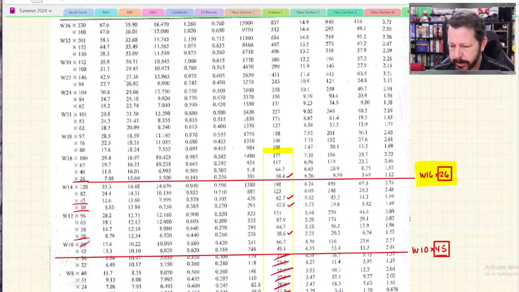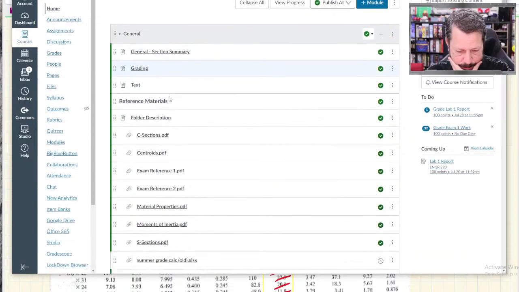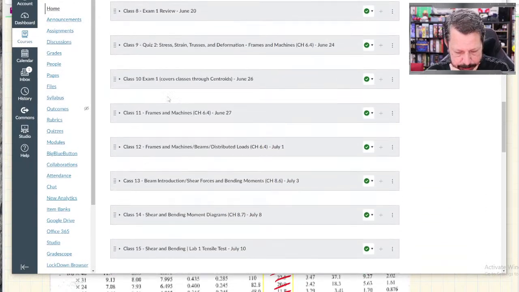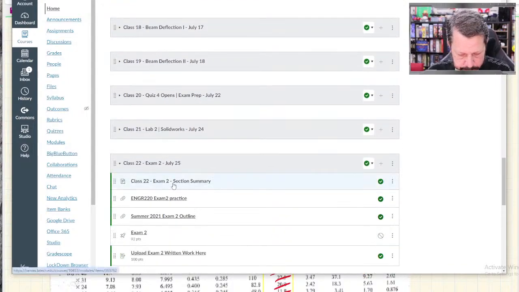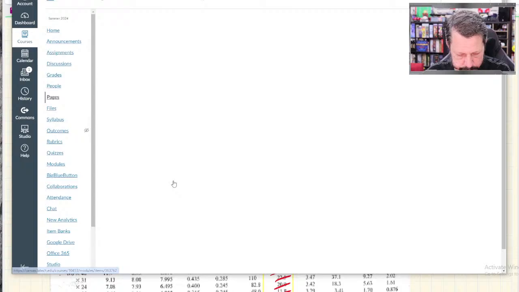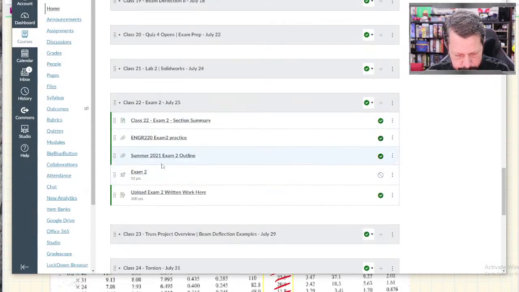So I think we're at a good spot for calling it a day. Wednesday, we're going to switch gears into a new topic, beam deflection. Let me check here. I don't remember if beam deflection is on exam 2. Oh, it doesn't tell me. That's not it. Exam 2 outline.